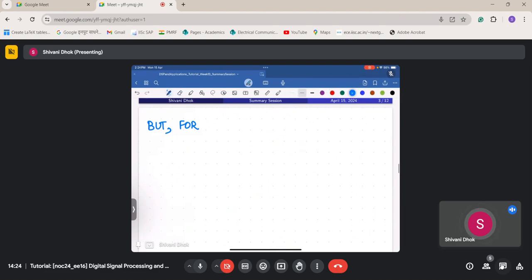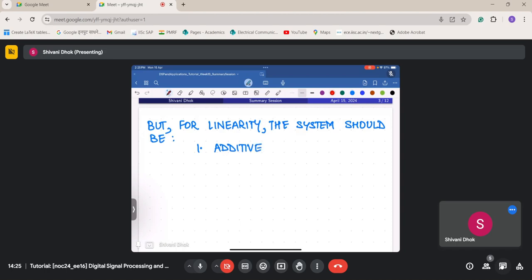So for linearity, the system should be, one, additive. This thing is given and it is true. And second thing is homogeneity.